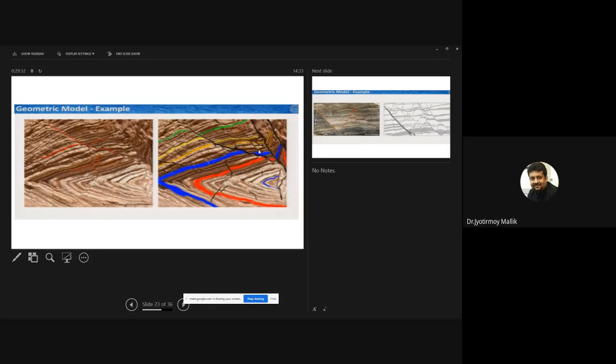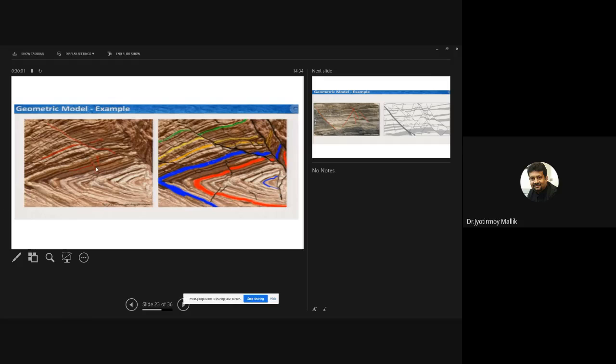There are a lot of such slip planes through which the rock has slipped a little bit. You can observe here this particular white layer has been slipped along this particular black line. If you draw a black line here, you will observe some sort of slip, some sort of displacement. So there are plenty of fracture planes through which we observe displacement.